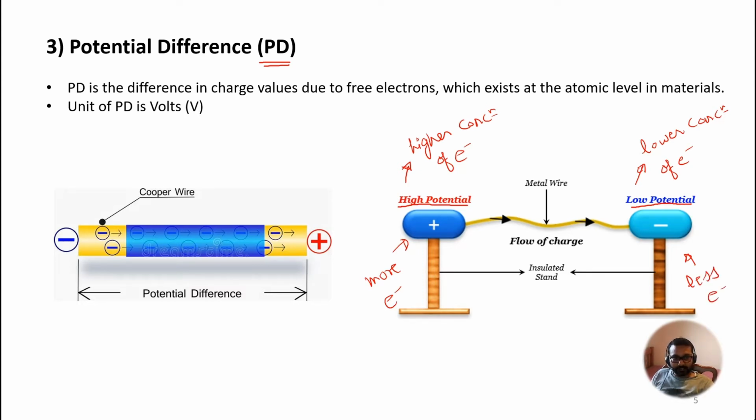So as a result of this concentration of charges on two different sides, they will develop a potential difference between them, right? And because of that, the current will start flowing. Now just to relate the concept backwards, current is the flow of charges.